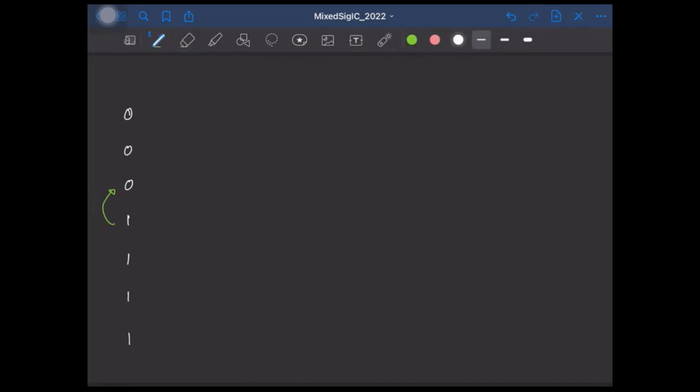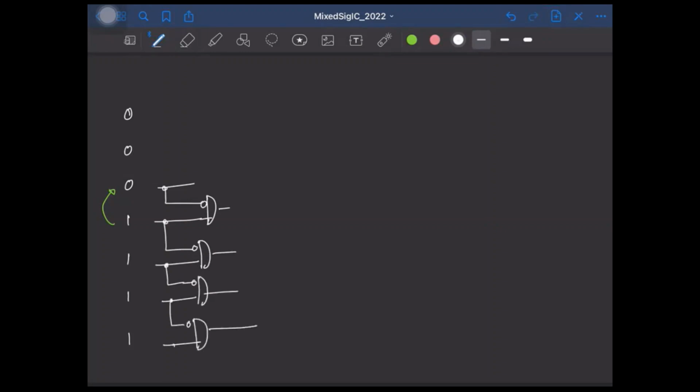We'll take each comparator output and AND it with the inverted version of the next comparator. We'll do it for all of them, even for the last one, where we'll assume that the output here is 1.